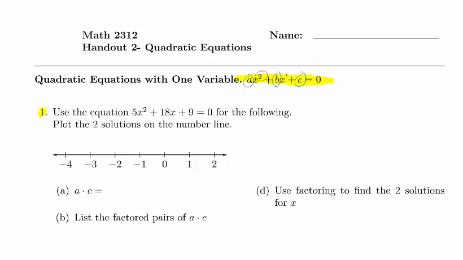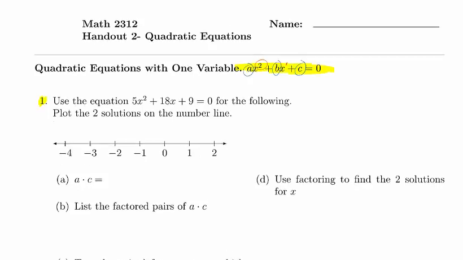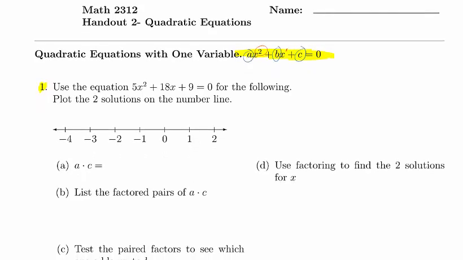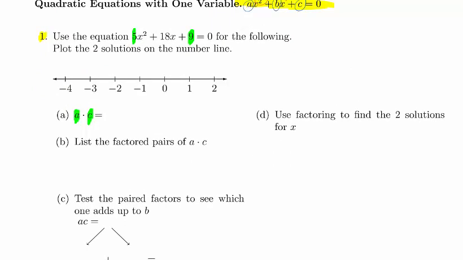Now it could be the same number repeated, or it could be two completely different numbers. And so what we're going to do here is employ a strategy. This is called factoring. Here we're going to look at the first number, the A, and the C right there.